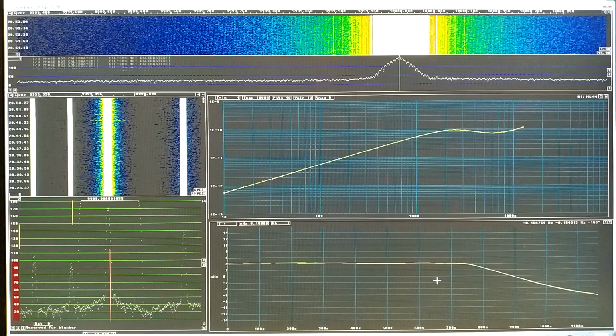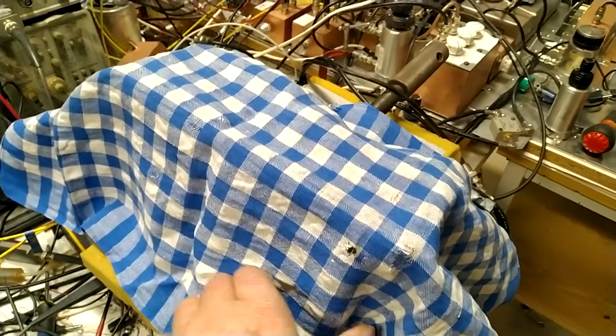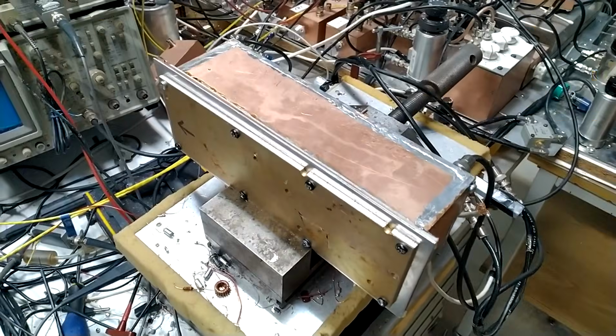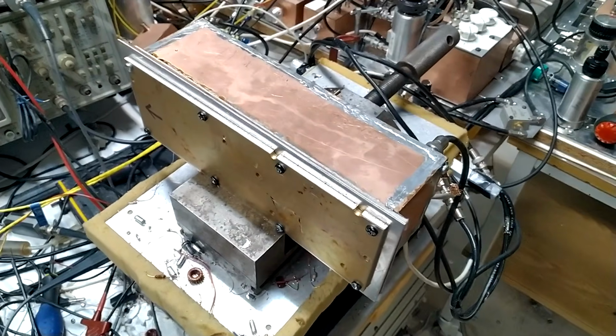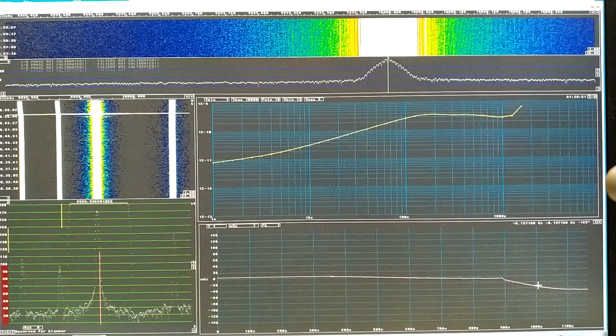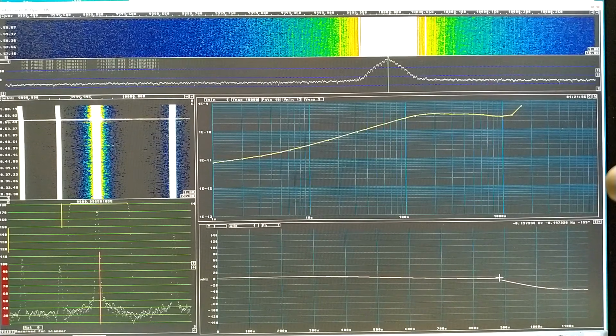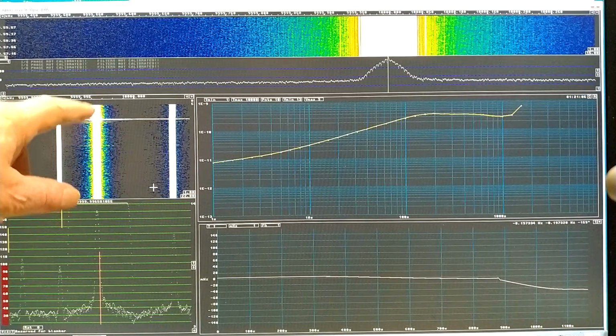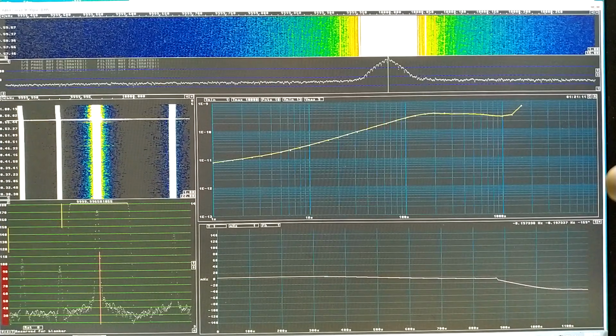I remove this textile and change the orientation of the box to this position, which was bad before. Now the frequency has changed by 40 millihertz, 4 times more, and in a slightly shorter time. And I can see maybe a little bit more noise here. Hard to say.